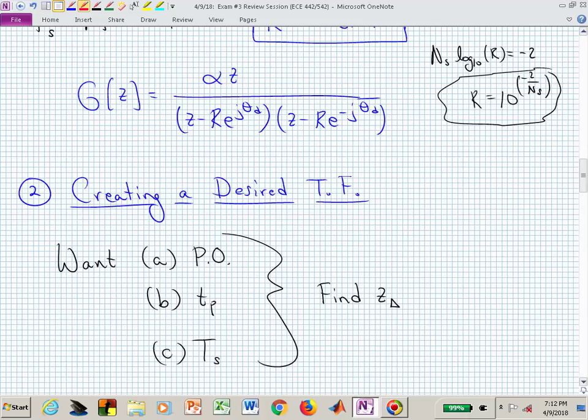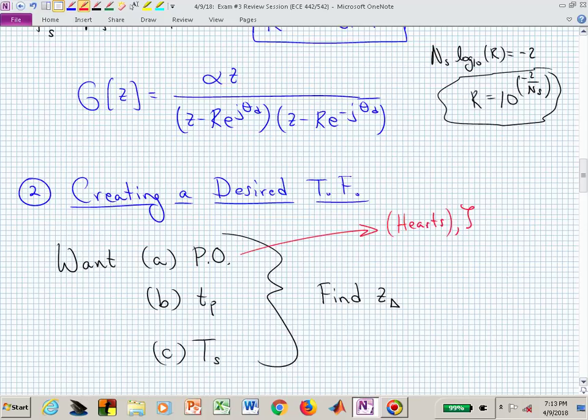shape in the z-plane? What's the percent overshoot? The red should have given it away. That's the hearts, and those correspond to these logarithmic spirals consistent with the zeta value, the damping ratio, in the z-plane.